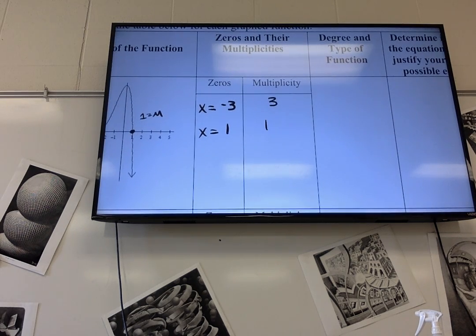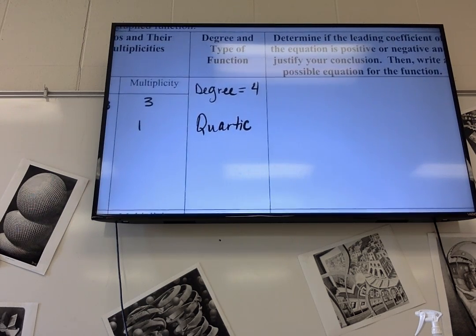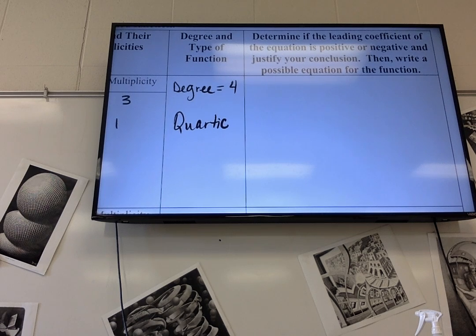So, what would the degree then be, Tyler? It would be even. It is even, yes. What is the actual number that's the degree? 4. Yes. So it's a quartic. And then determine if the leading coefficient of the equation is positive or negative.